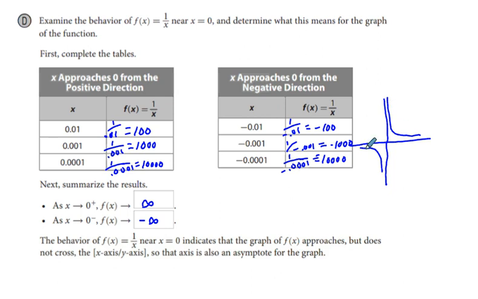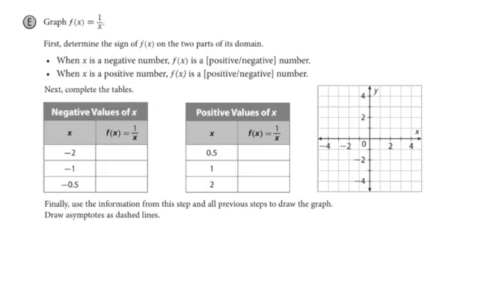As we approach 0 from the left, we approach down to negative infinity. So this end behavior is something that we really will look at a lot more a couple years off in calculus, even more than in pre-calculus. So that would be a vertical asymptote.